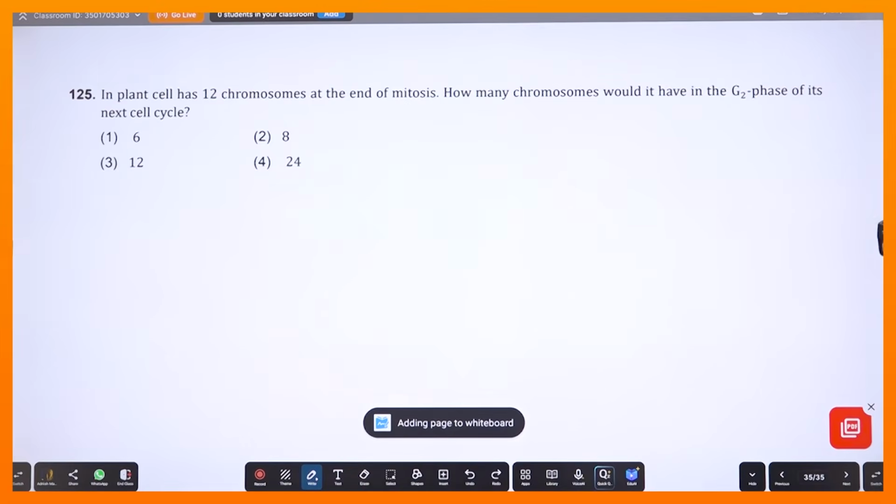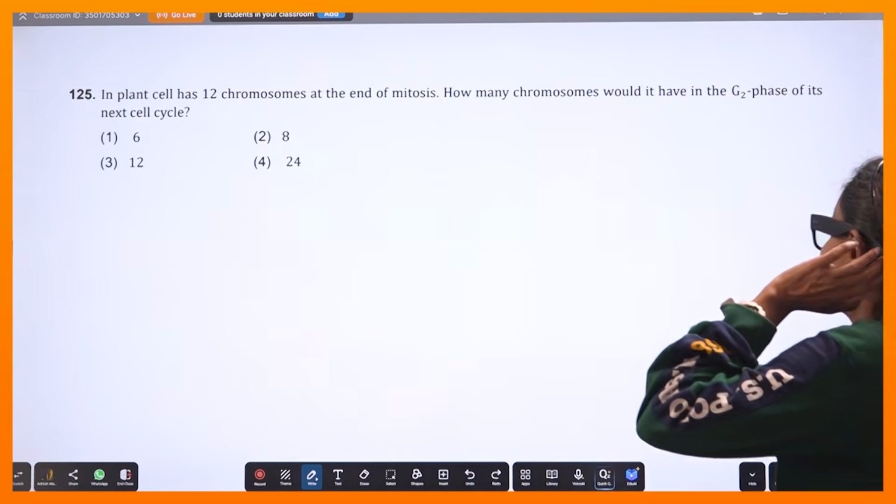Let's move on. A plant cell is said to have 12 chromosomes at the end of mitosis. How many chromosomes would it have in the G2 phase of the next cycle?